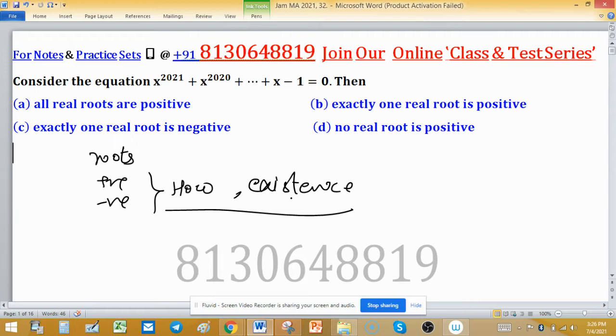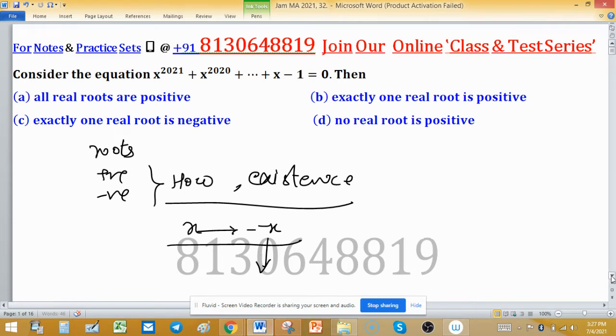So first, what is the Descartes rule of sign change? It is a technique for getting information on the number of positive real roots of a polynomial. By using the transformation x to minus x, we can easily tell how many negative roots the polynomial has.